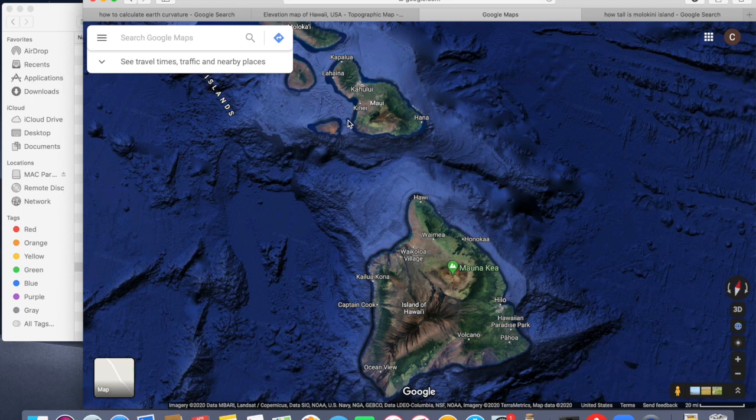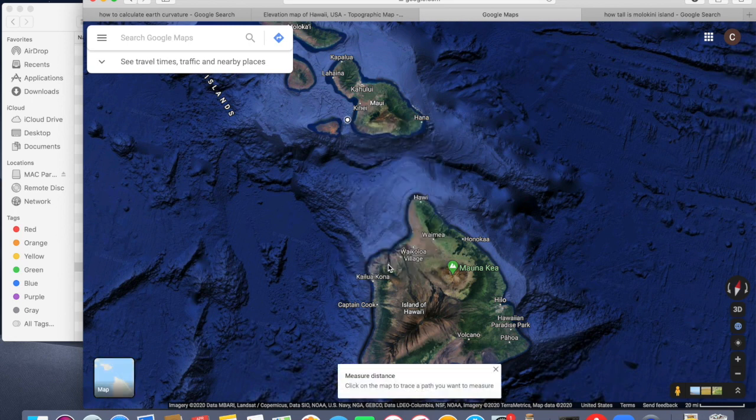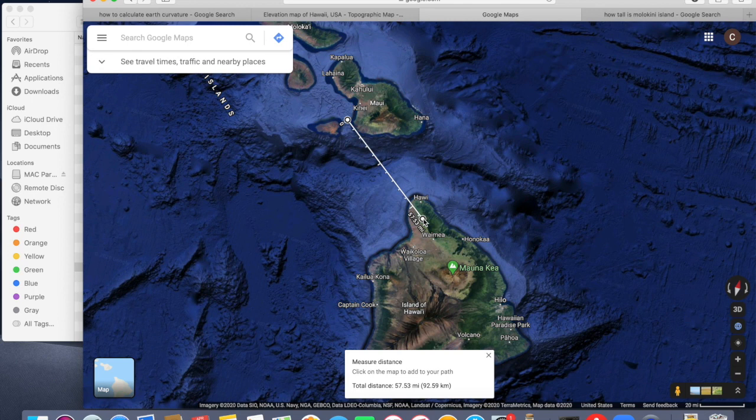Let's measure the distance. Somewhere here. So if I'm not that accurate, it is, say, 57 miles away. 57 miles away is where I'm going to show you the next video I shot from.